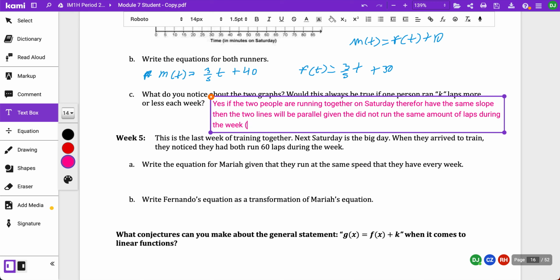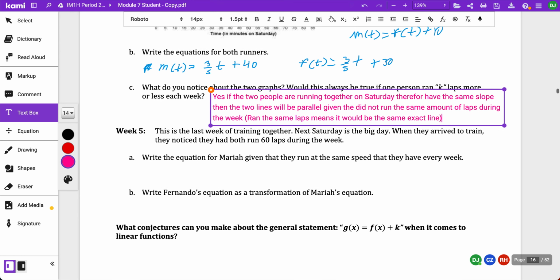And then we can even put, this would be the exception. That would mean they would have ran the same laps, which means it would be the same exact line. So if they both run 30 laps during the week, and then they both run together, their lines would be right on top of each other. Therefore, not parallel. They would be the same line.